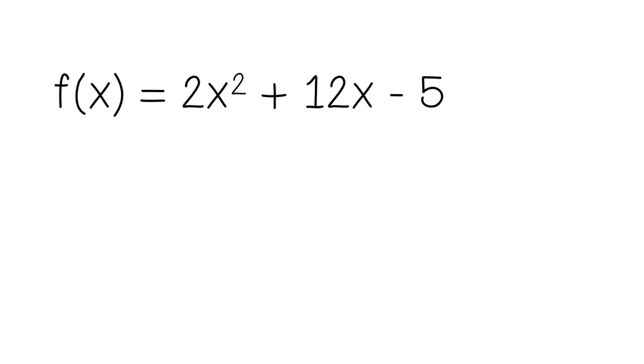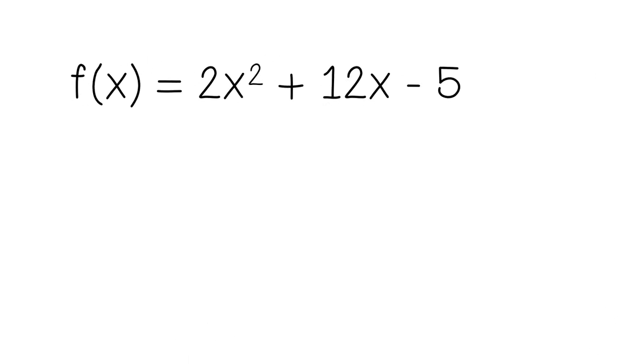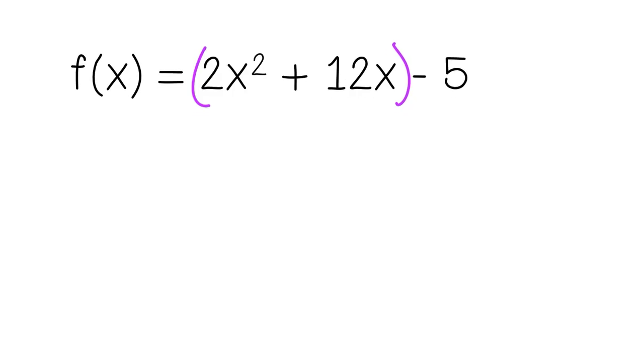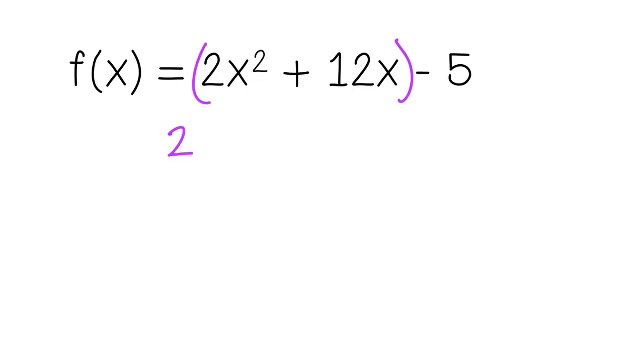So looking at this, can I factor anything? Not as a whole, but I know I can go ahead and factor this right here. And I'm only taking the number, I'm not taking the x. Why? Because I want x squared left over so I can factor my trinomial. So looking at it, I'm going to take a 2 out. I'm factoring out a 2 only.